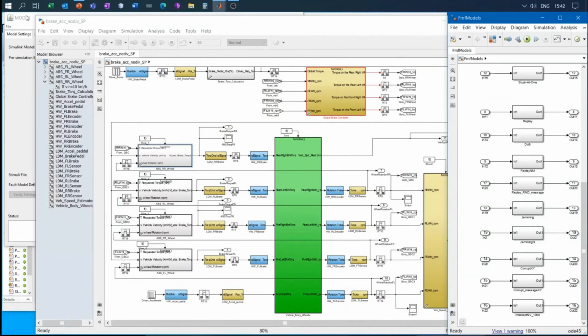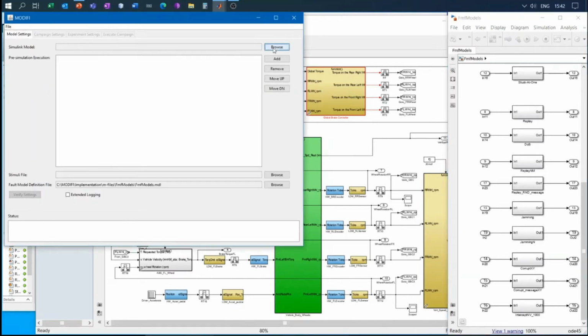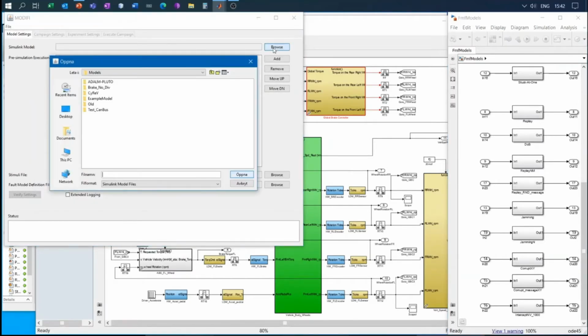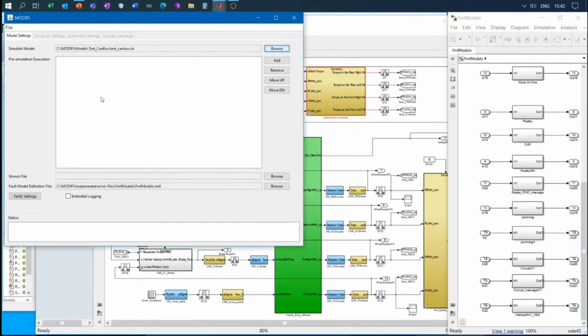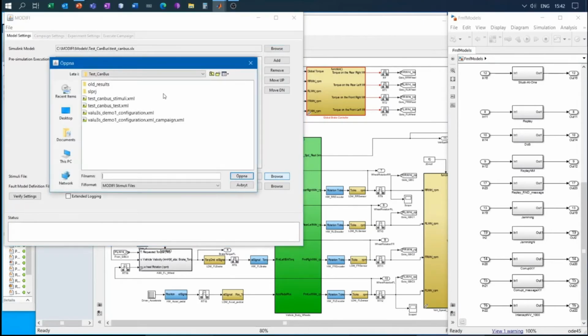Now let's perform an attack injection experiment. We have a simple test CAN bus model, where the sender will send data that it receives from the outside to a receiver.